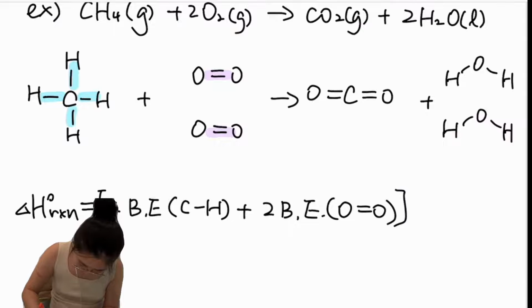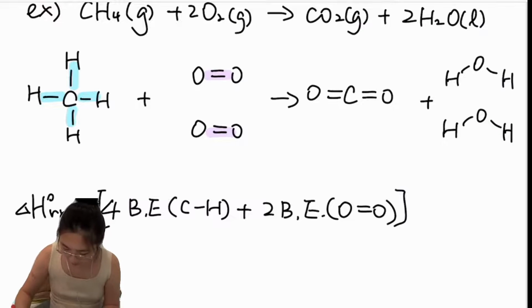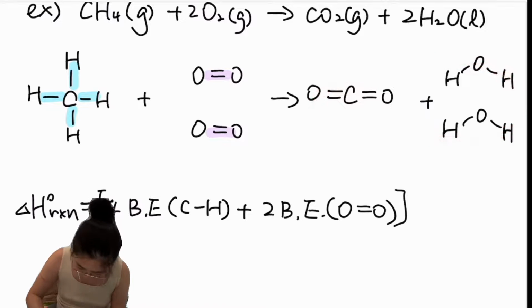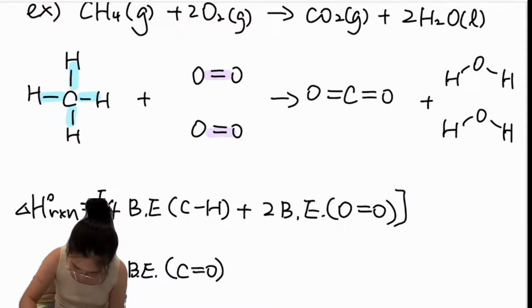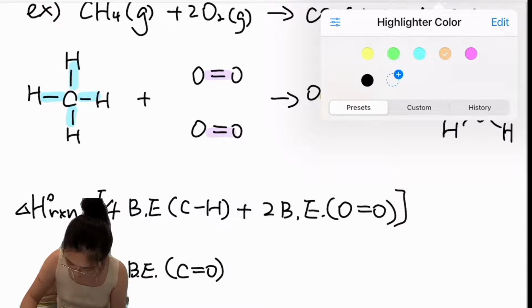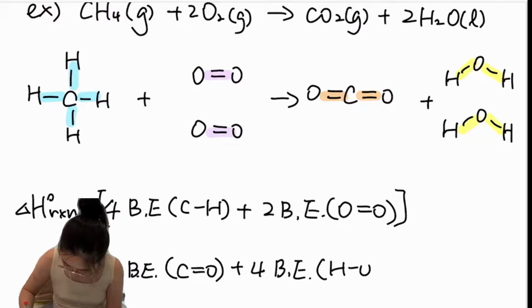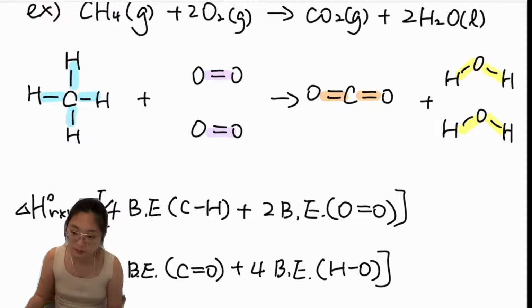And then you subtract the bond enthalpy for the products, which are 2 times the bond enthalpy of the carbon-oxygen double bond, and 4 times the bond enthalpy of the hydrogen-oxygen single bond.